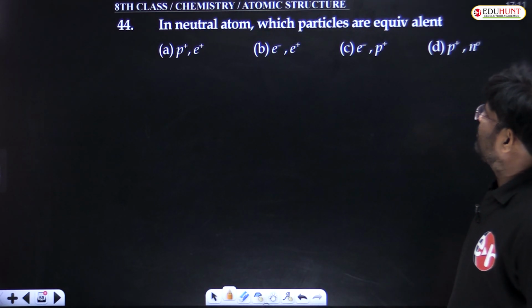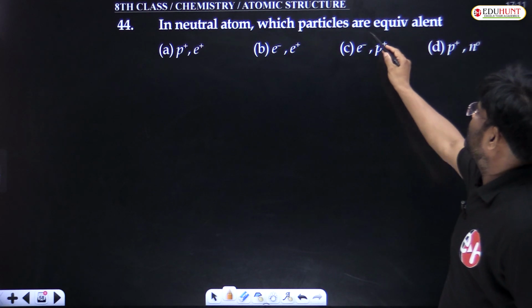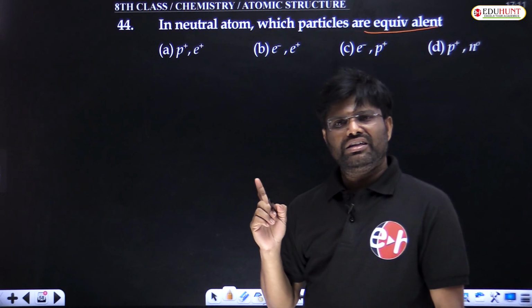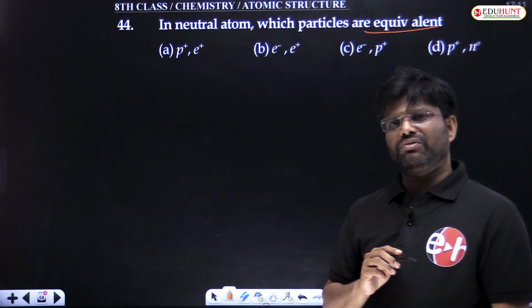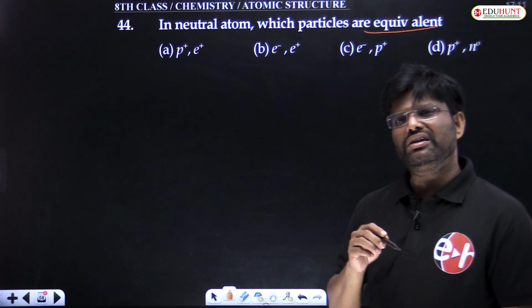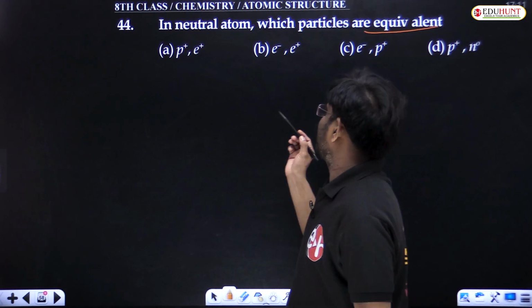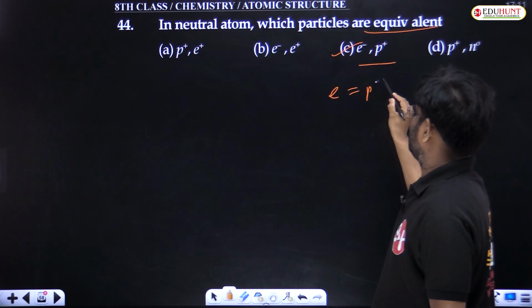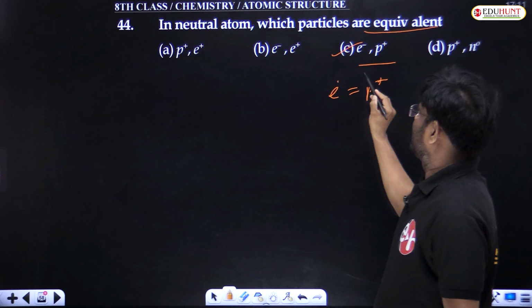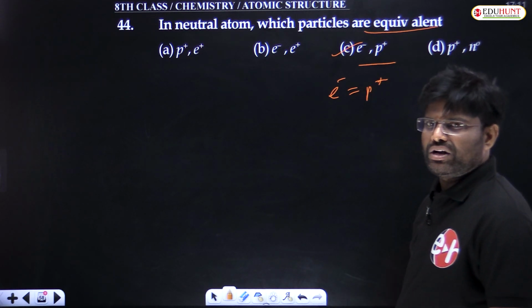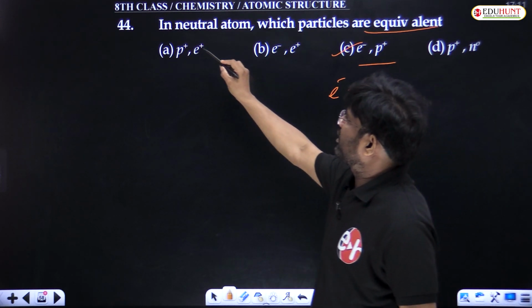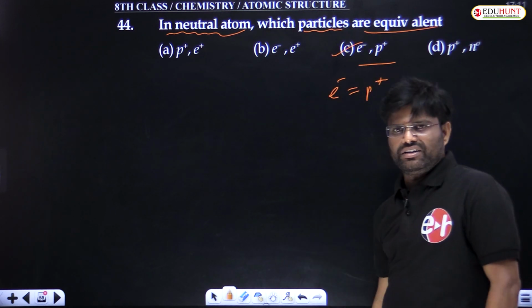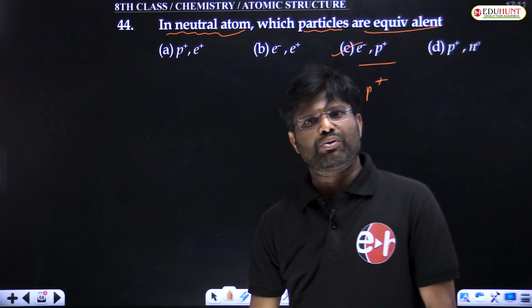In a neutral atom, which particles are equivalent? Electrons are equal to protons.